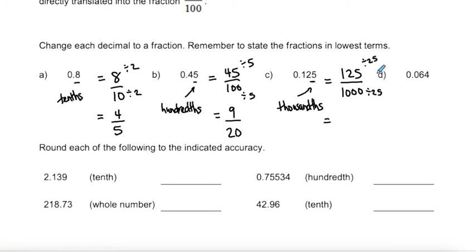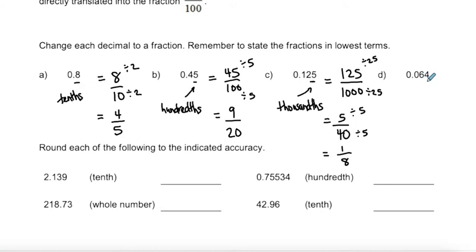So 125 divided by 25 is 5, and 1,000 divided by 25 is 40. And from here, I can make this into lowest terms by dividing my numerator and my denominator by 5 again to give me 1 over 8.